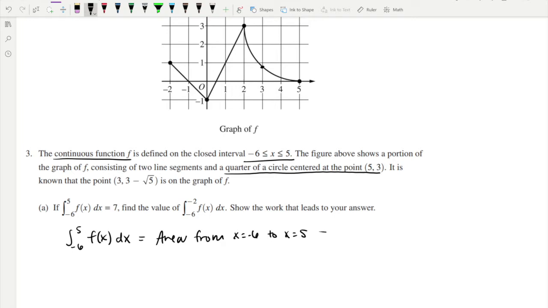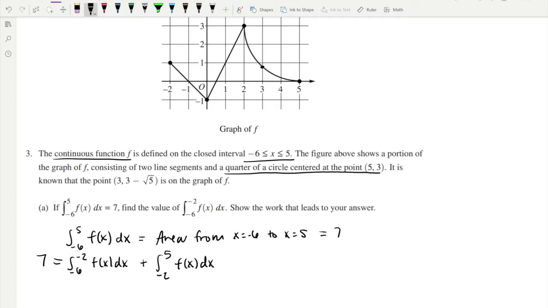And they tell us that that's 7. And we're trying to find the integral from -6 to -2 of f of x dx. Well, we could break up the big area from -6 to 5 into 2 pieces. First, we could go to -2, and then we could go the rest of the way from -2 to 5.